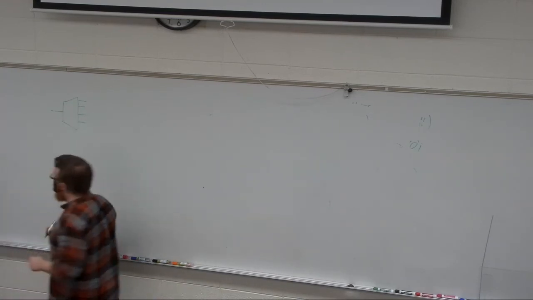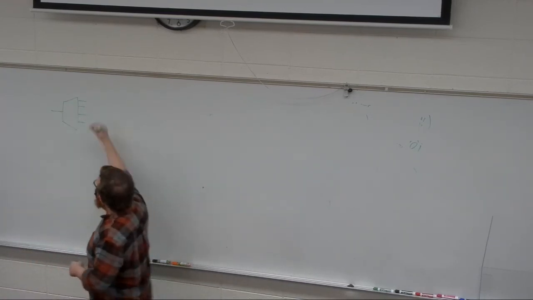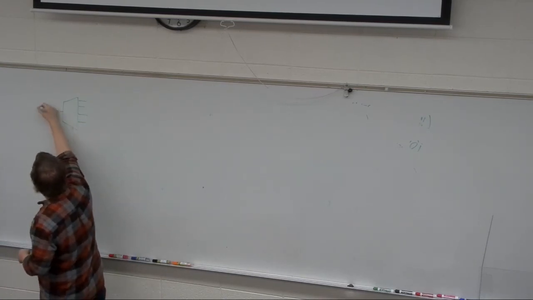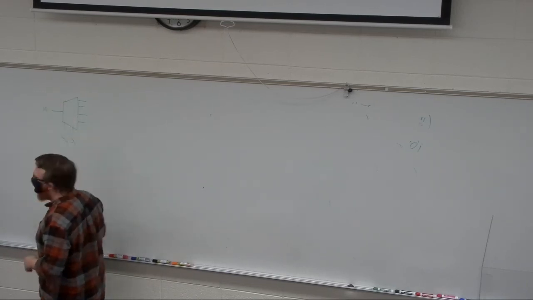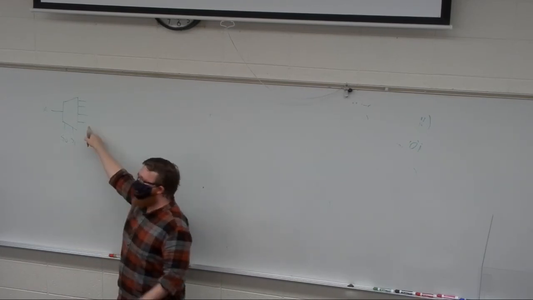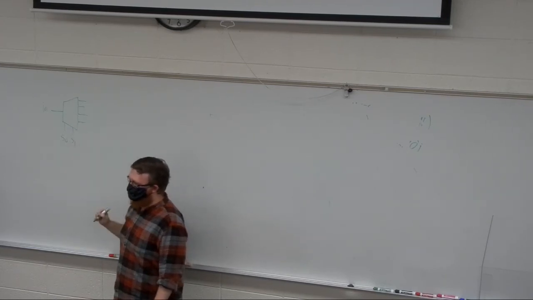Whatever, I suck at drawing. Where I have a select 0, a select 1, and an input, right? And that input will go to one of these 4 outputs. The other 4 outputs will be held to 0.